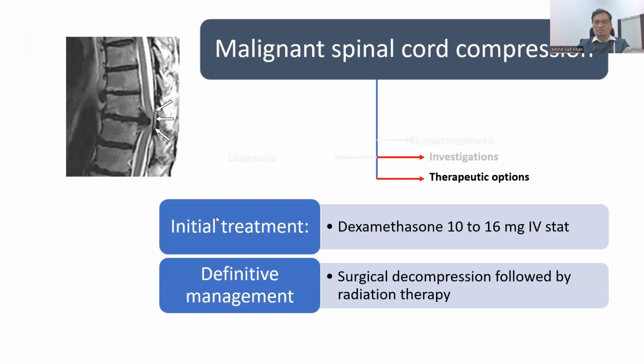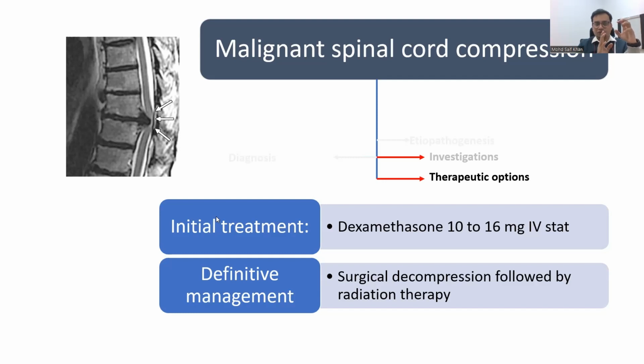The initial treatment may consist of high dose dexamethasone, that is your adjunctive therapy. The steroid reduces the vasogenic edema, but remember the definitive management is the thing which changes the prognosis. But that will again depend upon the tumor grade. Okay, and that will depend upon the spine stability and also the duration of onset of paraplegia.